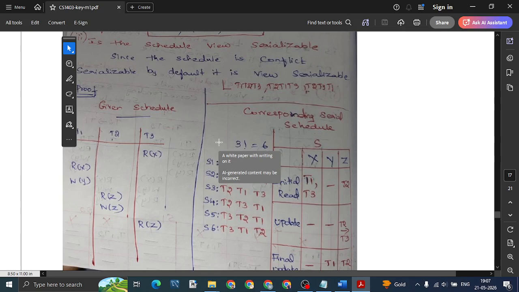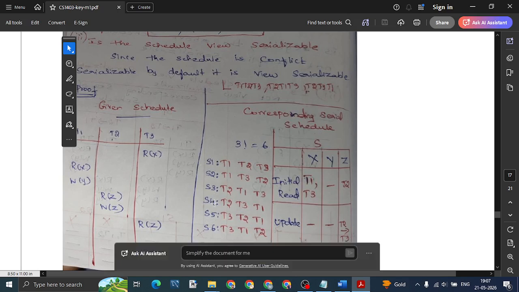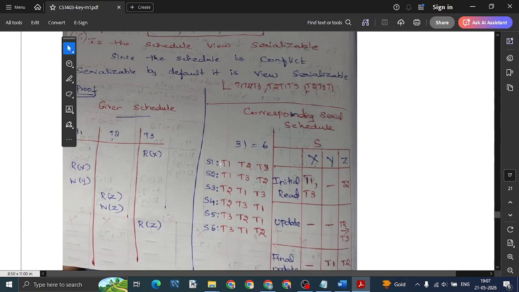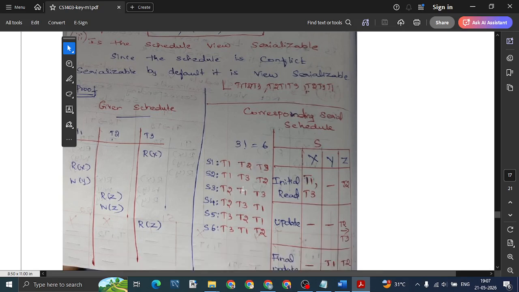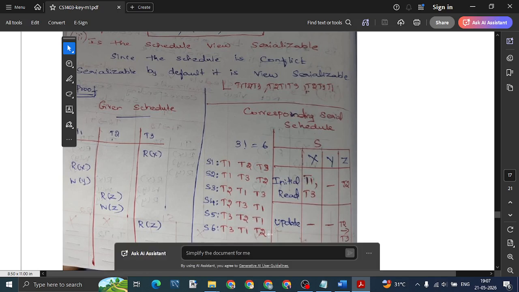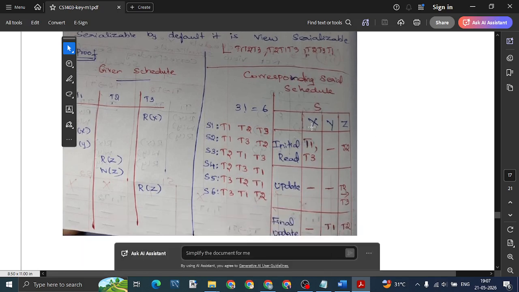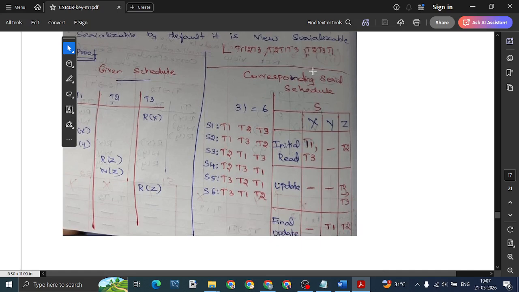According to the factorial, I get the value 6, as S1, S2, S3, S4, S5 and S6. So you can start with T1, T2 or T3 as the first one, followed by T2, T3, T3, T2, T1, T3, T3, T1, T2, T1, T1 and T2.